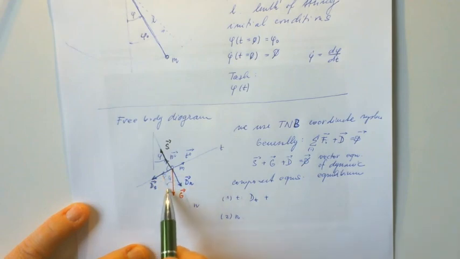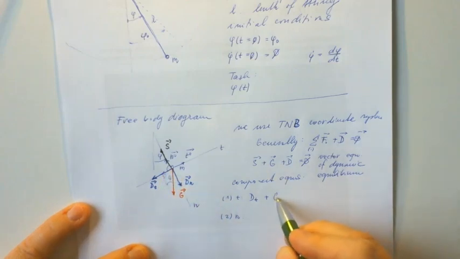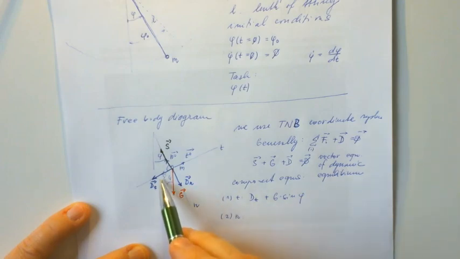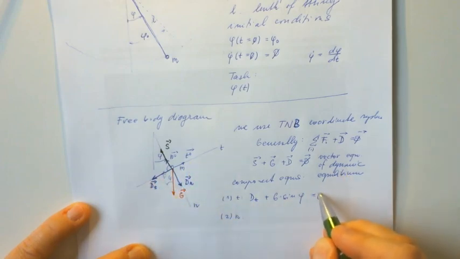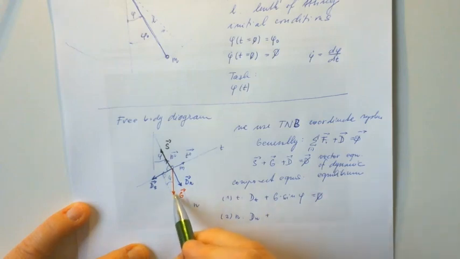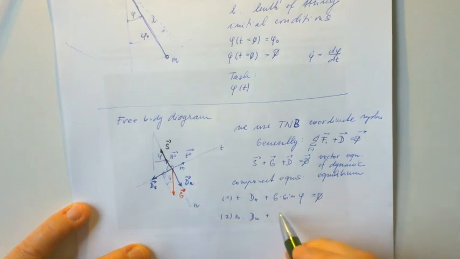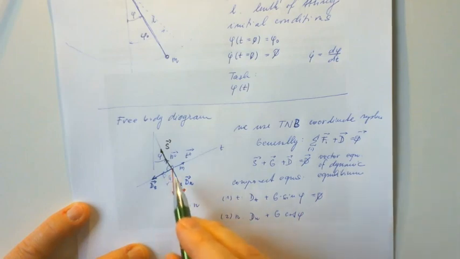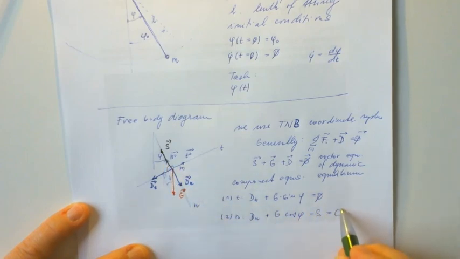There is a perpendicular line, so we get G by sine phi. In normal direction we have Dn plus cosine component. So normal component of G is G cosine phi, and minus force S. This is force in the string.